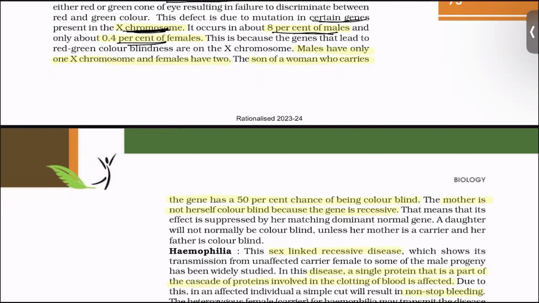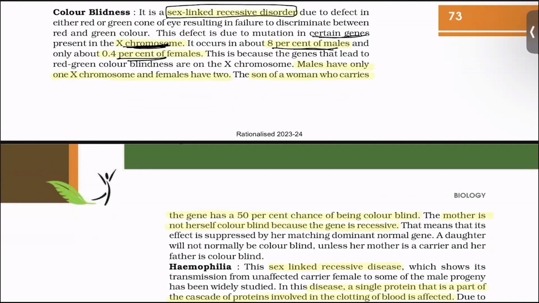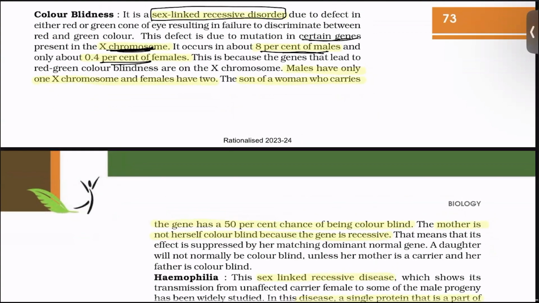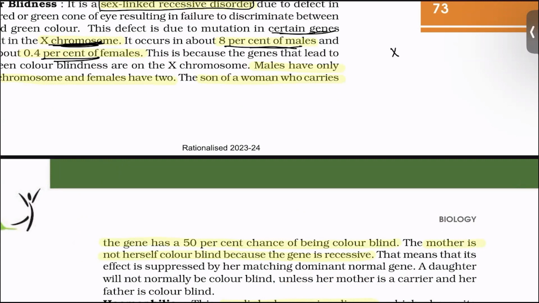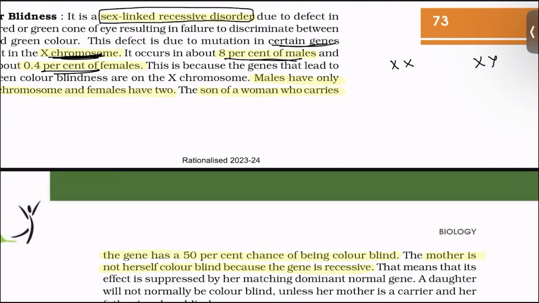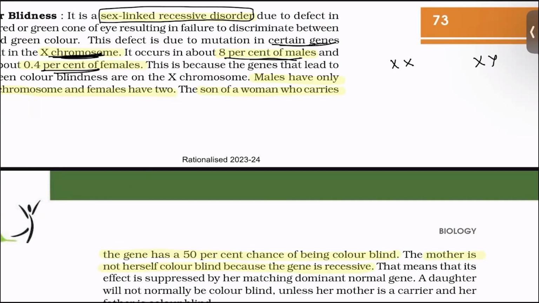Let us draw a diagram to explain it in a better way. This is an X chromosome, this is an X chromosome, this is the female, and this is XY of the male. Suppose X dash represents the mutated gene. So the mother is a carrier and the father is normal.